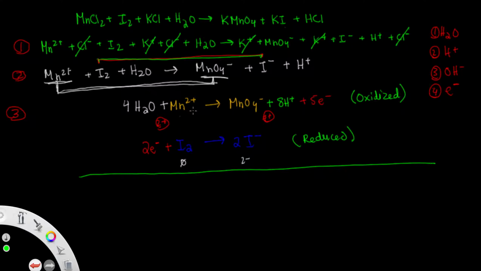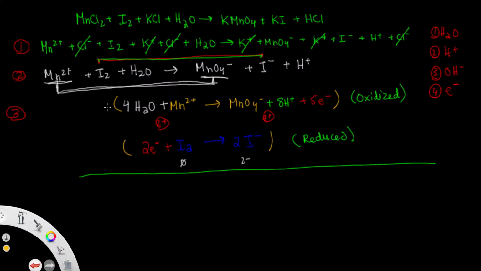For the mathy people out there, you can look at it like a system of equations. You have to multiply both of these reactions by a certain number to allow these electrons to cancel out, because we don't need electrons in the final balanced equation.